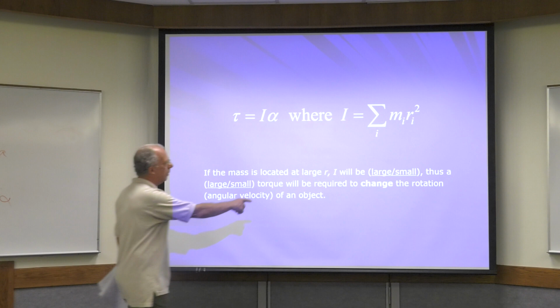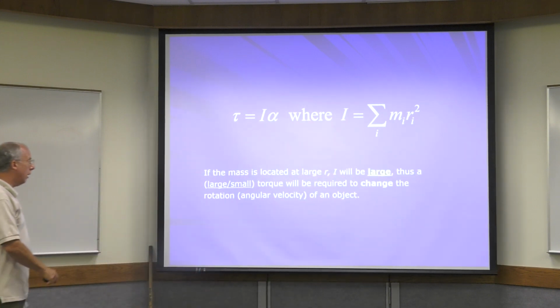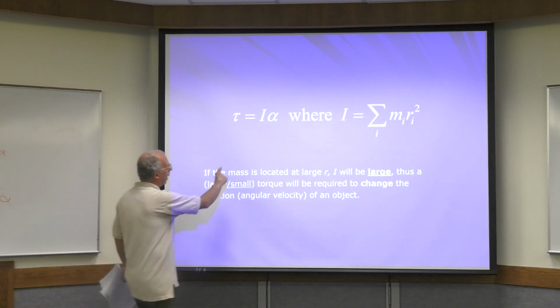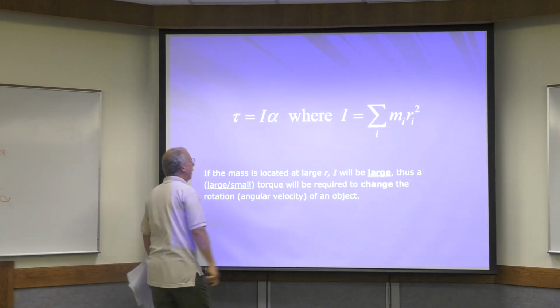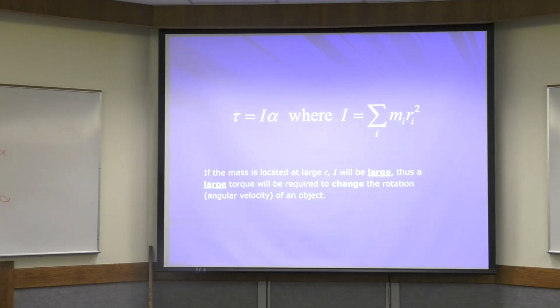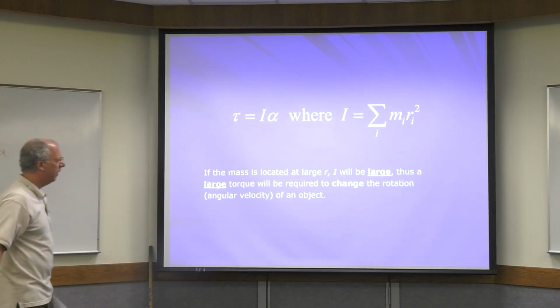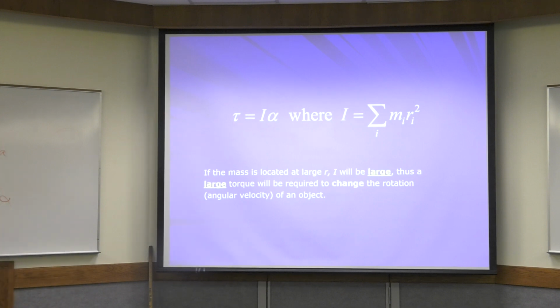From the equation, large. Therefore, since torque equals I alpha, if you have a large I, what kind of torque are you going to need to change the angular velocity? A large torque. Just like with a large mass, you need a large force to accelerate it. See all these nice analogies?